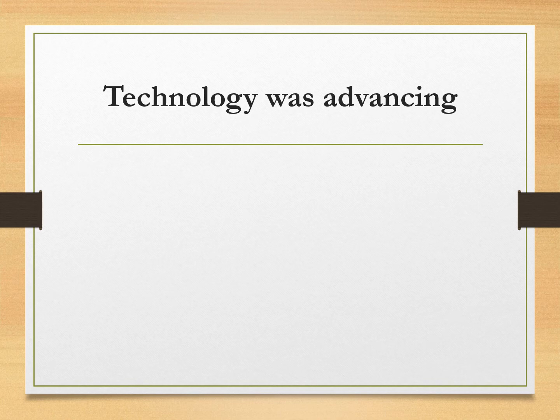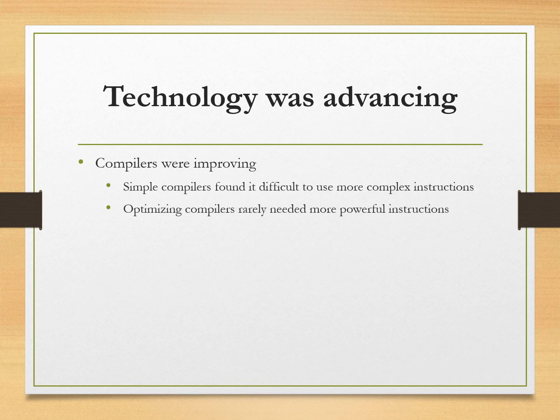Okay, the technology was advancing, as I mentioned. One way of advancing the technology is to make the processor faster. Sorry, this is about compilers. Okay, you improve the compiler.